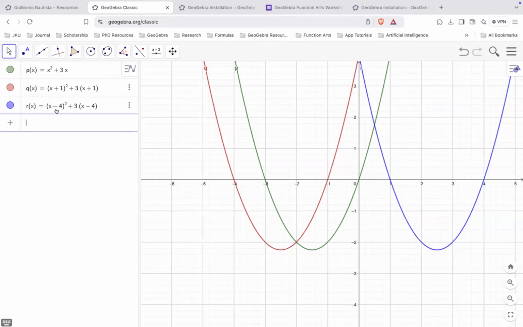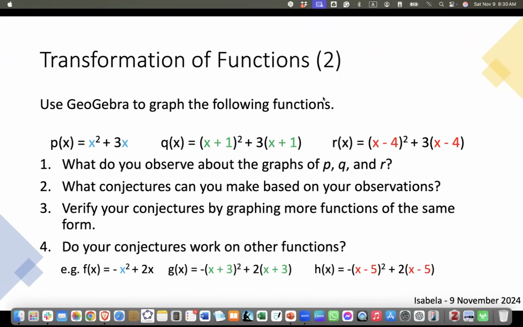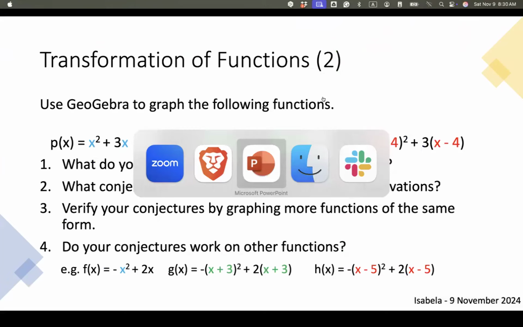Later, after the webinar, you will ask yourself why. Why is it to the right if you subtract, and why is it to the left when you add? That is something to think about. Okay.